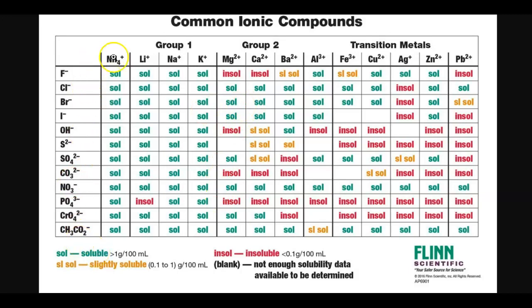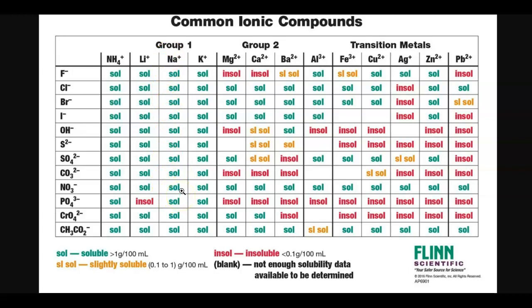Okay, so how do we use the solubility table? So we have two compounds actually. We have sodium nitrate. So we found sodium plus here, right? And nitrate here, and do cross lines here, right? So I'm going here when I meet this vertical group, and I can see the sign here, soluble.